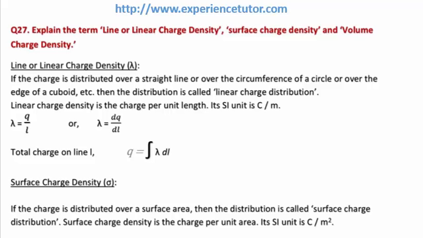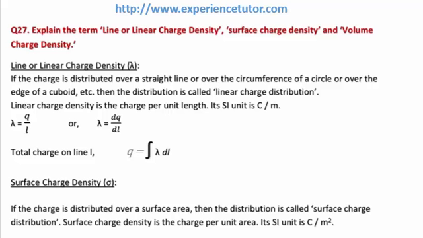If the charge is distributed over a straight line, or over the circumference of a circle, or over the edge of a cuboid, etc., then the distribution is called linear charge distribution. Linear charge density is the charge per unit length. Its SI unit is coulomb per meter.